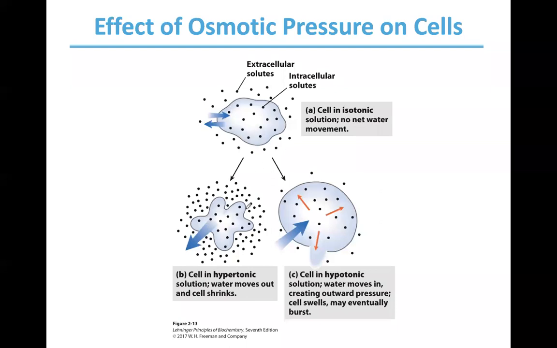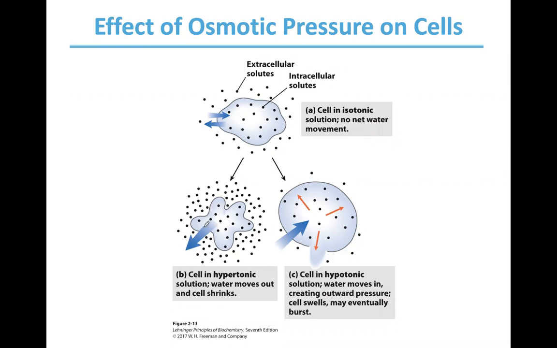And so you put this cell in what's known as a hypertonic solution. A hypertonic solution is a solution of high salt concentration, and the water will move out. And what that will do is make the cell shrink.